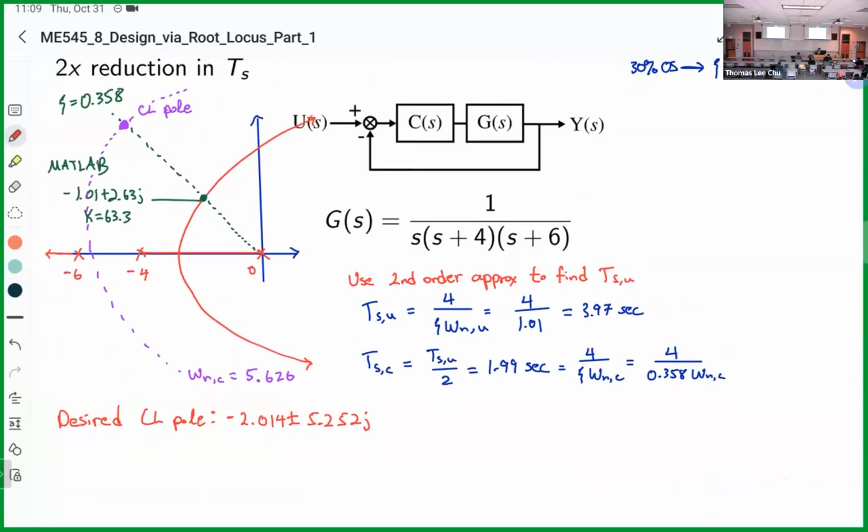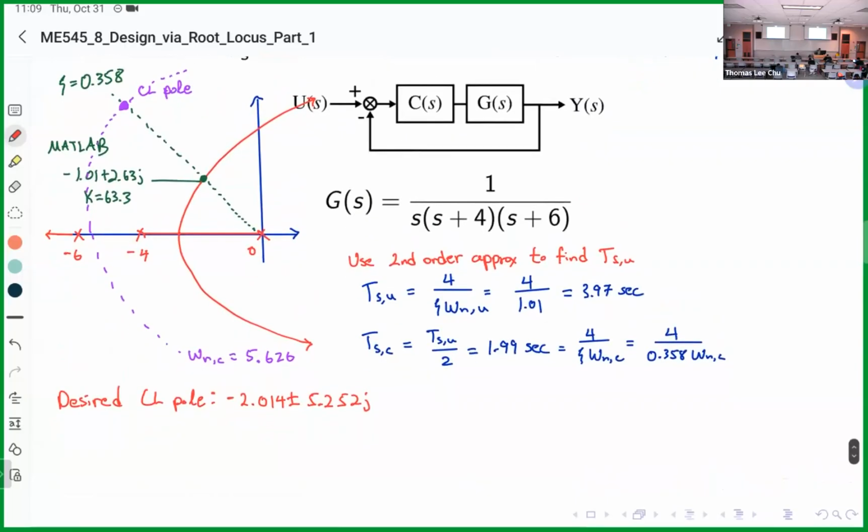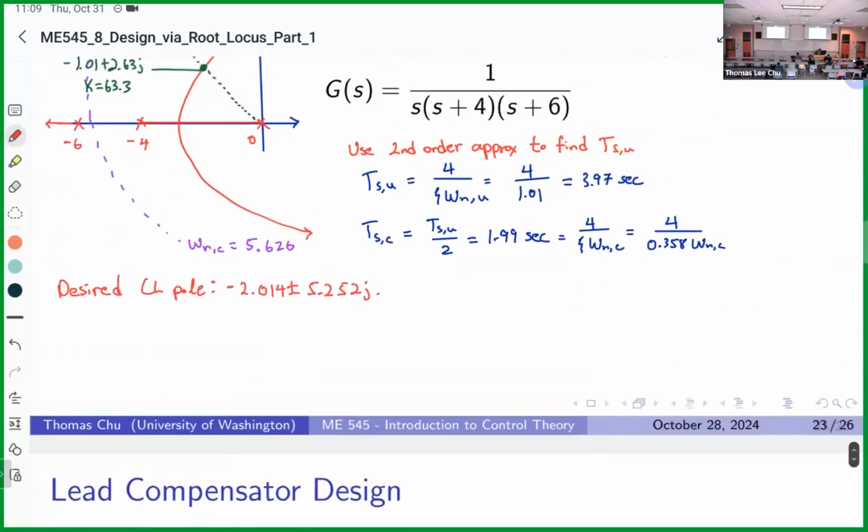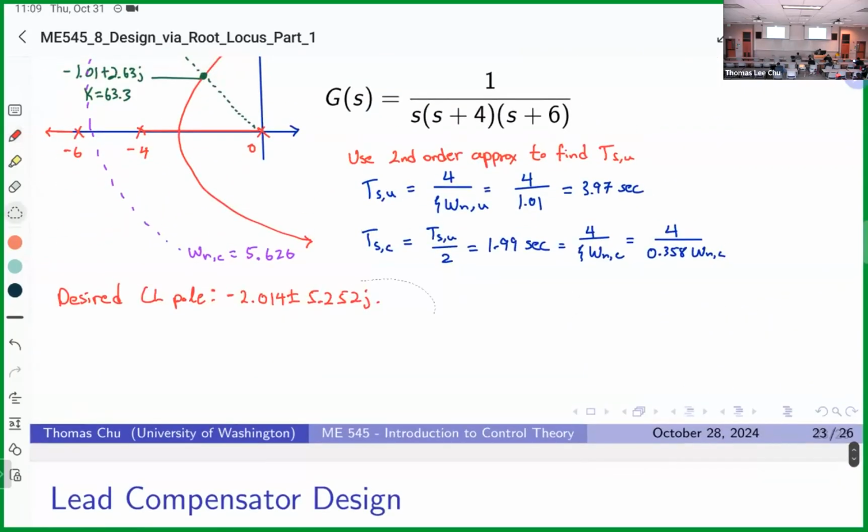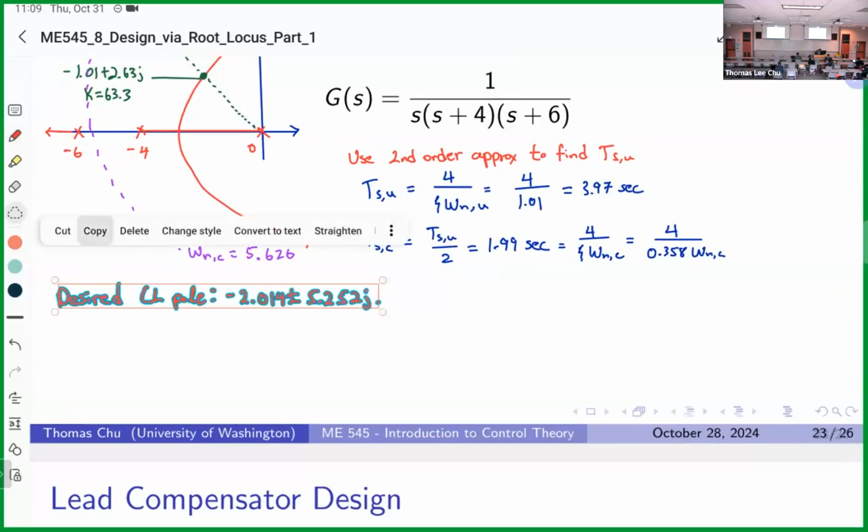Okay, so our next step is, what I'll do is move this down here, copy.